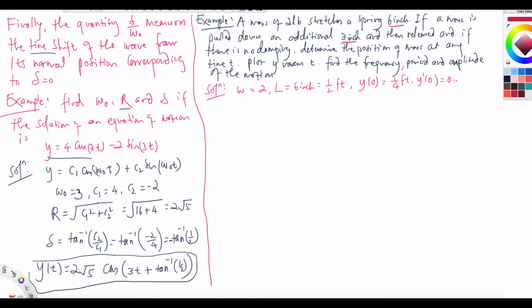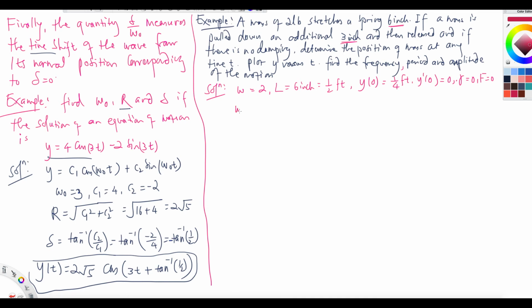So what we need to find out here is there is no damping, meaning gamma equals 0, so we will be using that equation that we discussed. There is no gamma and no external force, F equals 0, so you will have the equation m y double prime plus ky equals 0. First of all, let us find out k. What is the formula for W?